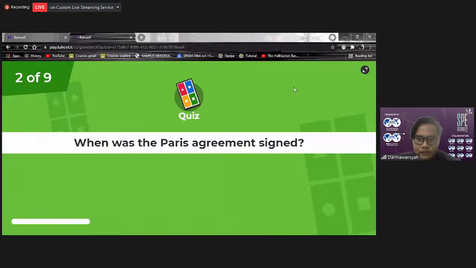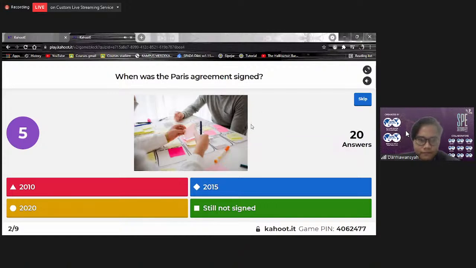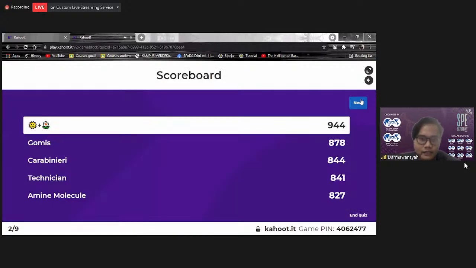When was the Paris Agreement signed? Is it 2010, 2015, 2020, or still not signed? Yep, the answer is 2015. Sunflower is still leading. We move to the next question.